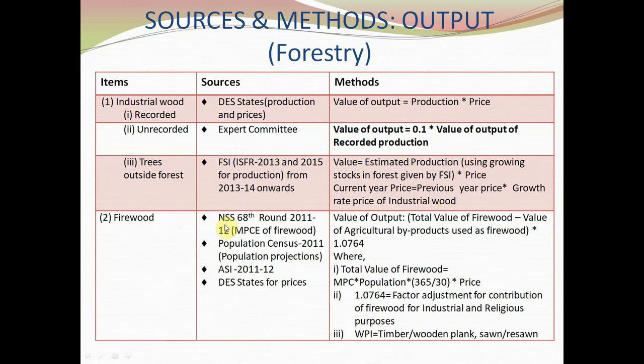Then firewood. For this, sources are NSS 68th round 2012, monthly per capita expenditure of firewood, population census in 2011 for population projections, annual survey of industries for 2011-12, and Directorate of Economics and Statistics of states are providing prices.